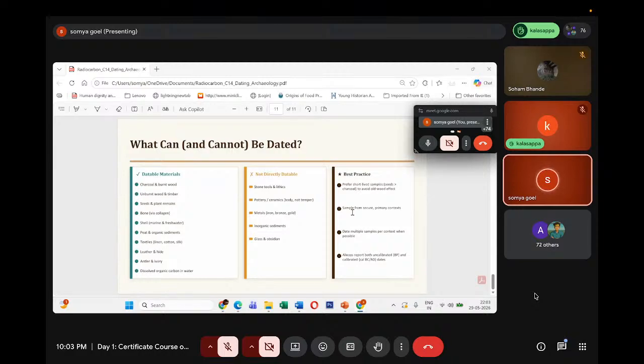Every material has to be treated differently. You have different treatments and different ways of protecting every material, and sampling methods are also different for materials. You'll have to study about that as well.